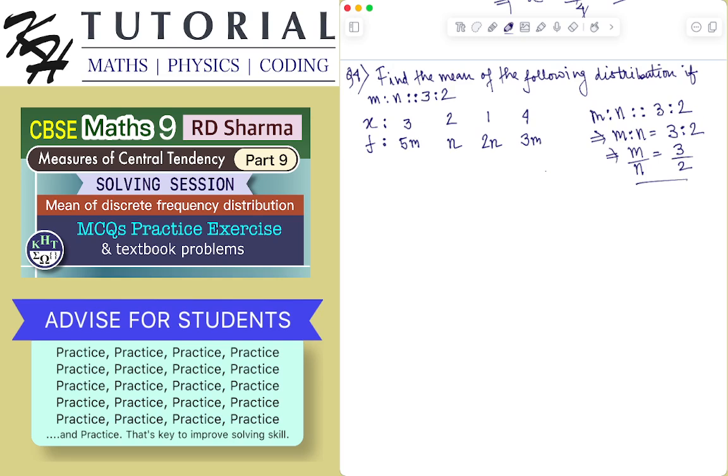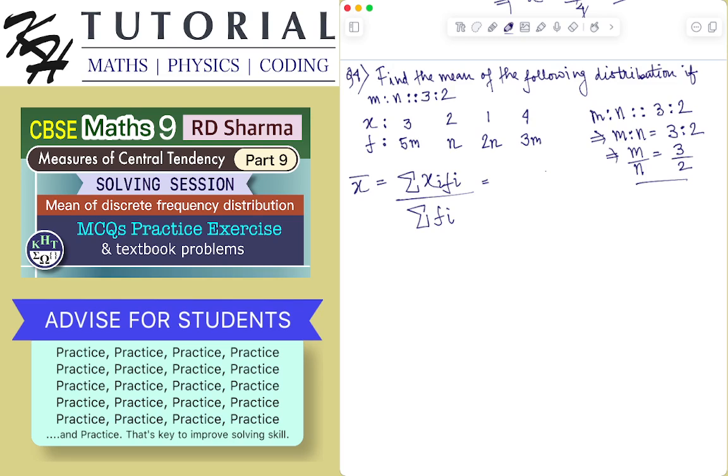Okay, so the mean we know is summation of xi fi divided by the summation of fi. Summation of xi fi actually gives the sum of all the observations from the original raw data, and summation of fi gives the total number of observations.